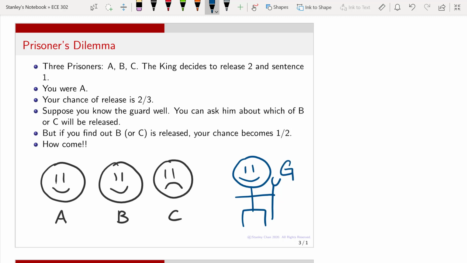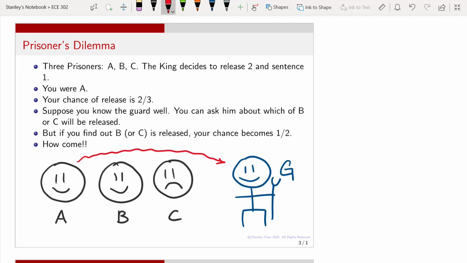You don't know whether you will be released or sentenced. When you go to the guard, you ask, can you tell me something about my two buddies, B and C? If you walk to him and ask whether B or C will be released, he is going to tell you either B or C.